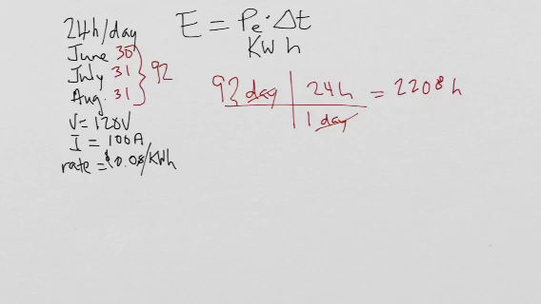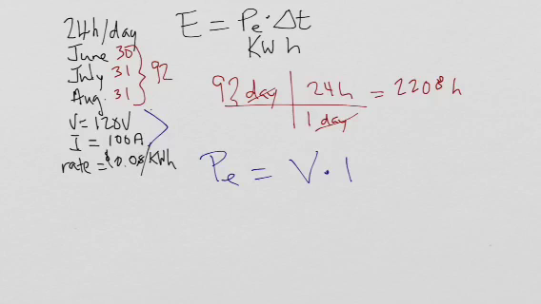Now we've got to look at solving our electrical power, our PE. We've got to get the kilowatts. So if I look at what I've got, I see here that I've got my volts and my amps, so I've got my V and my I. I look at my formula sheet and I see that PE is equal to potential difference times current intensity.